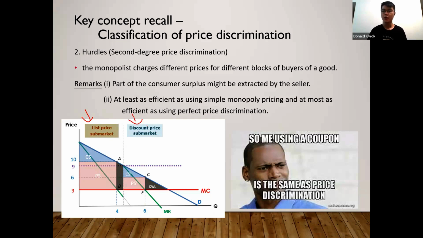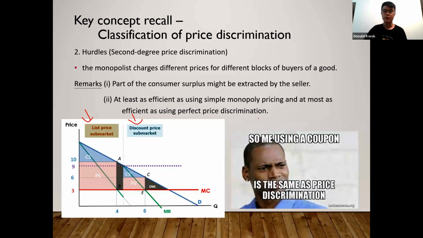In some sense, the outcome under hurdles is in between simple monopoly pricing that we discussed in the last chapter and perfect price discrimination in the previous slide. So this is why we have the following two remarks. Part of the consumer surplus might be extracted by the seller, part of it, but not all of it. And the second remark, the efficiency would be in between simple monopoly pricing and perfect price discrimination. So this shows the in-betweenness of hurdles.